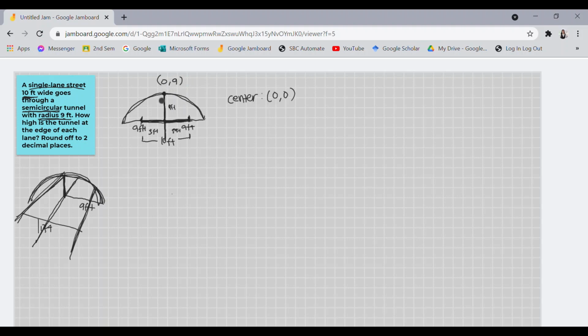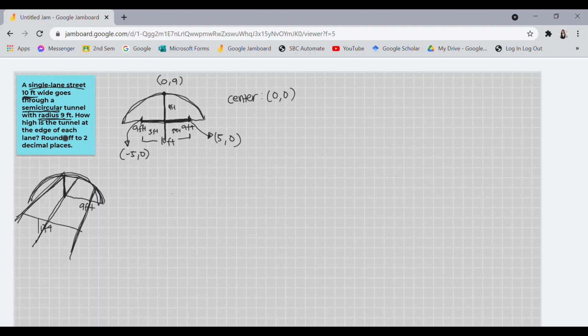For the end of our lane, since it's just 5 feet, we'll have this point as (5, 0), 5 feet to the right. Same goes with the point on the left, that is (-5, 0). So their total is 10 feet.